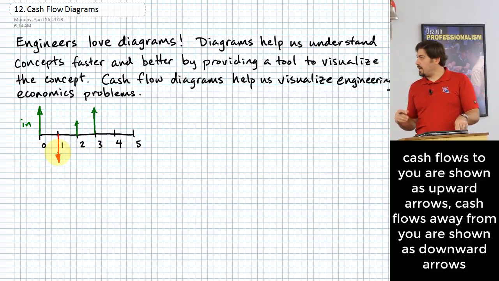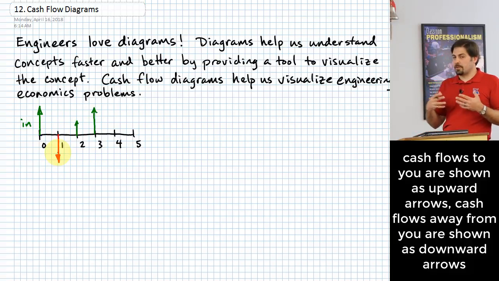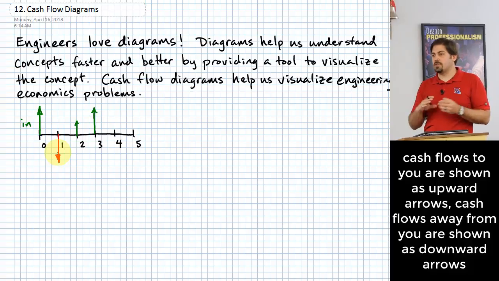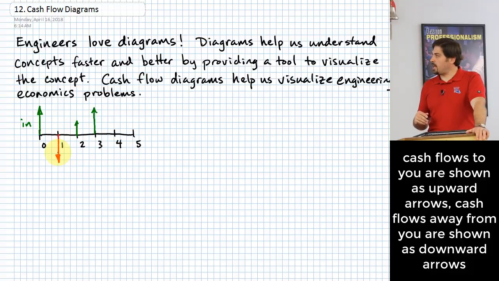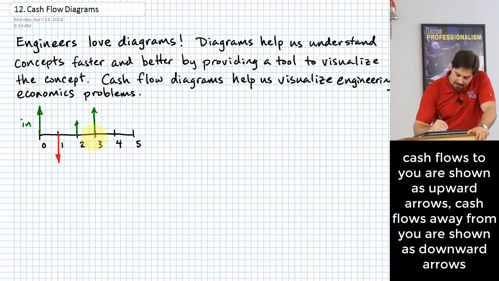And each of these might come from a particular type of transaction that you have to do for your project. And so for that reason, it's not unreasonable for you to make one of these cash flow diagrams such that you might actually have 2 flows in the same period.